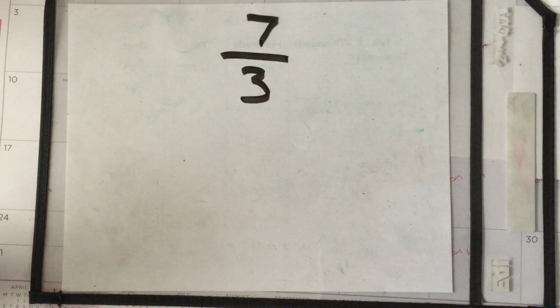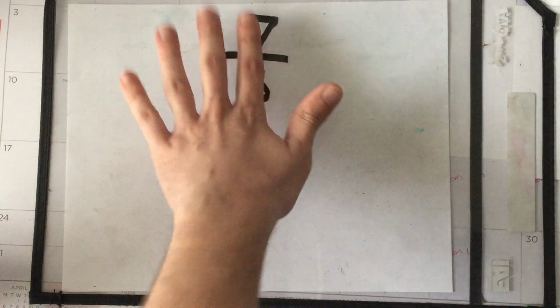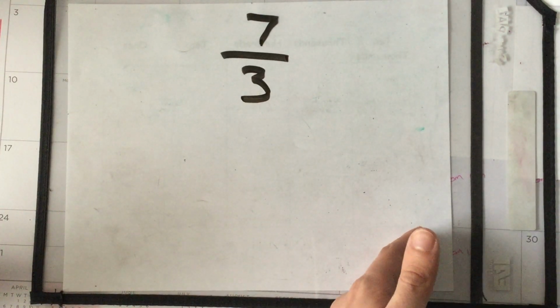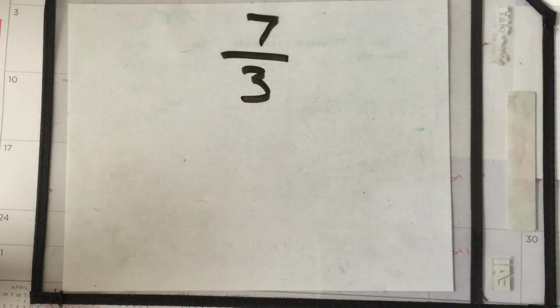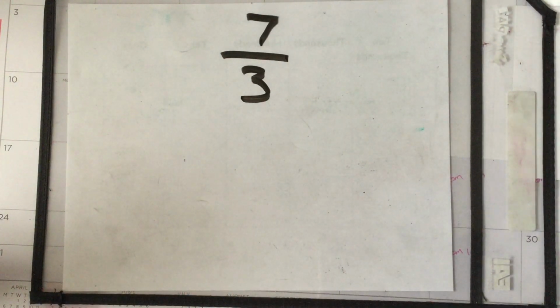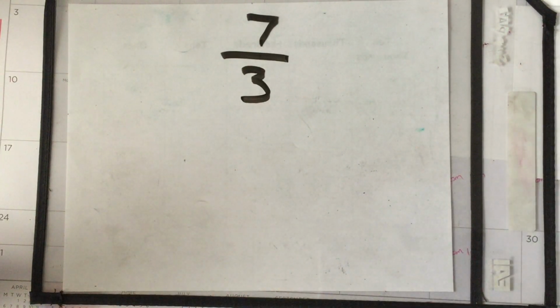Now, to do that, I need to start thinking about a couple things. First of all, I know that 7/3 is bigger than one whole thing. If I'm chopping things into 3 pieces, and I have 7 of them, that means I have more than one. If I have 7 pieces, I have more than one complete thing, because if 3 pieces go into one thing, well, then I still have some extra pieces left over.